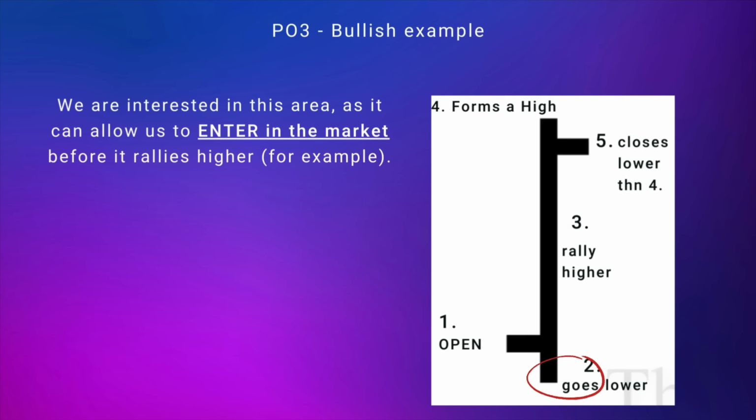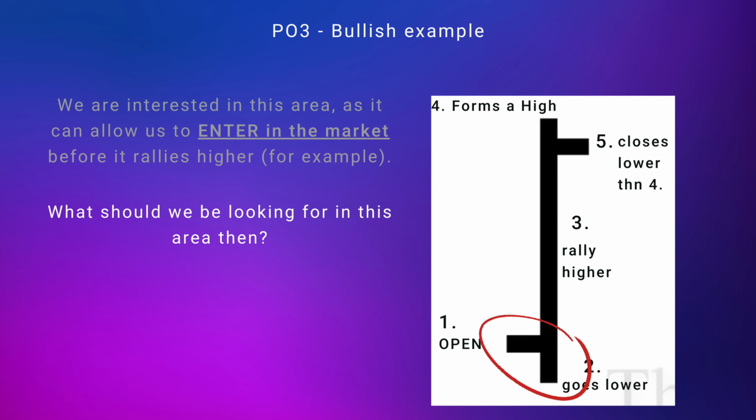How can we use the power of three to our advantage? Well, we need to understand where we would like to enter the trade and how we can make the most profit from it. Usually we are interested in this area as it can allow us to enter the market before it rallies higher.